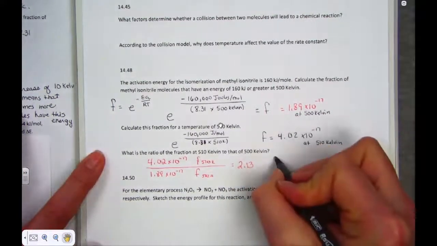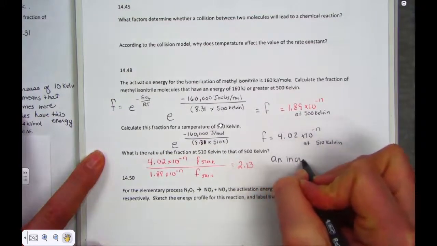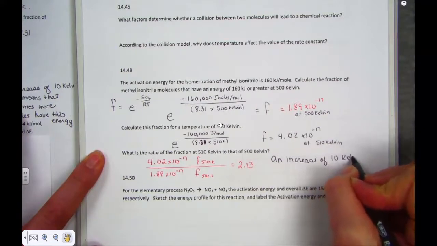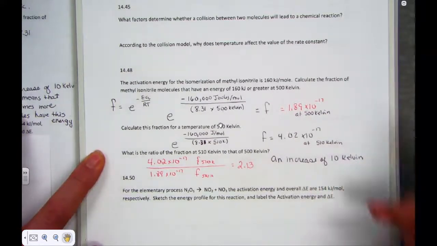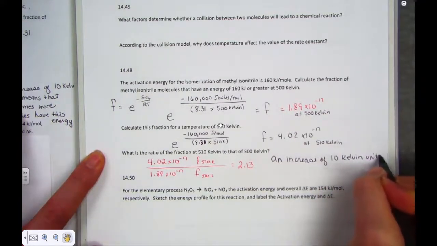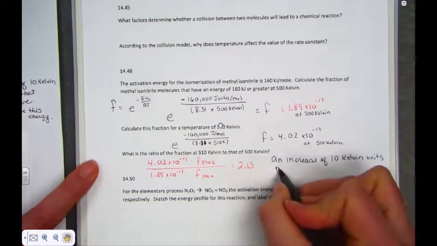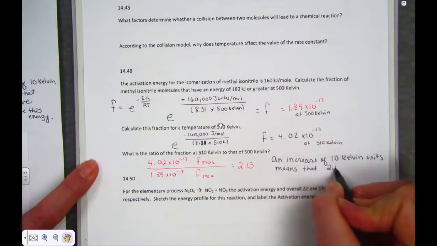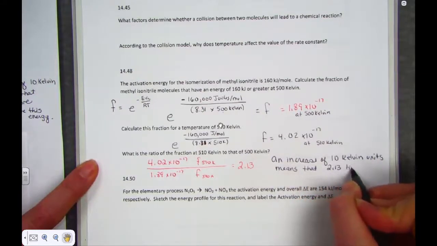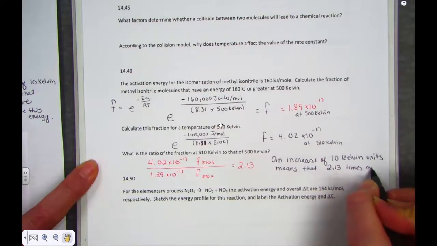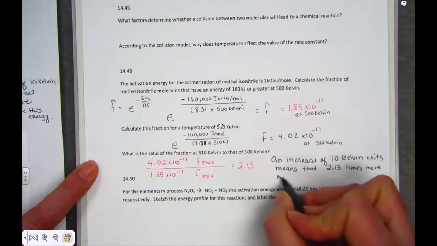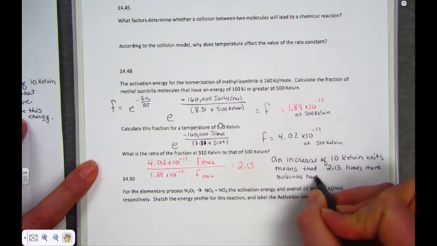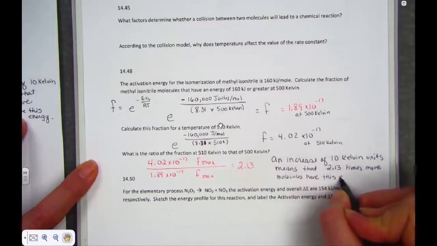Well, an increase of 10 Kelvin, we warmed it up just by 10 Kelvin, means that 2.13 times more of our molecules have this energy.